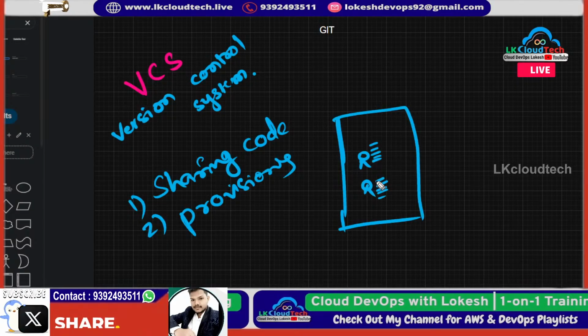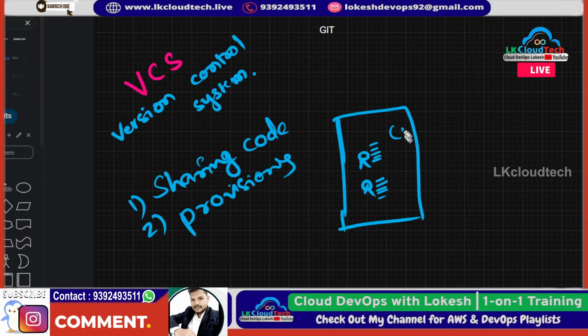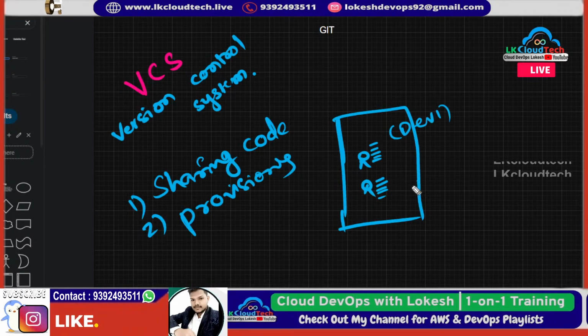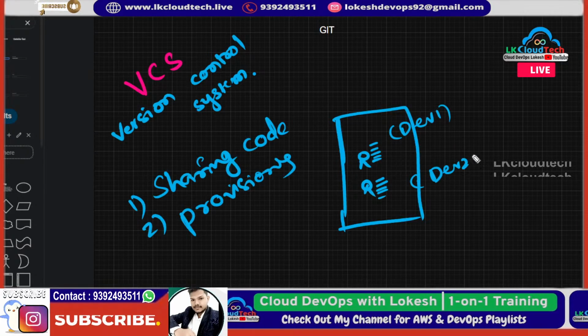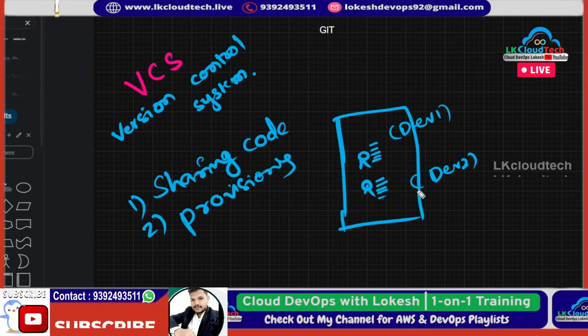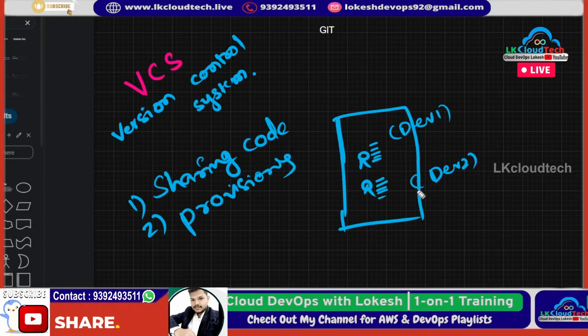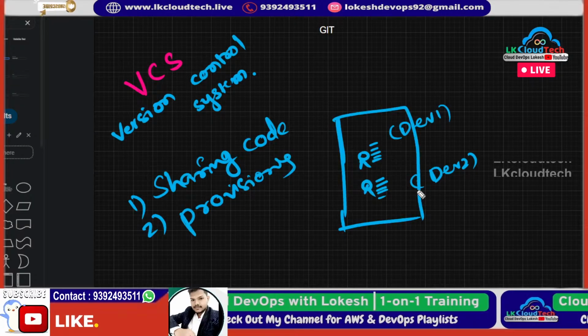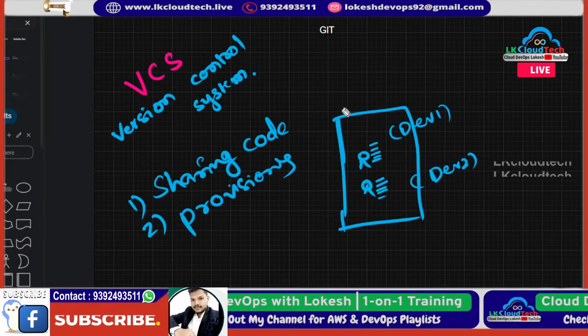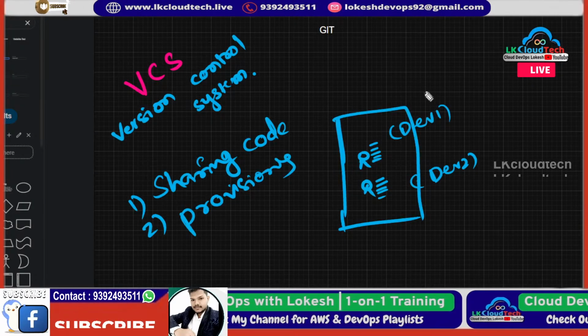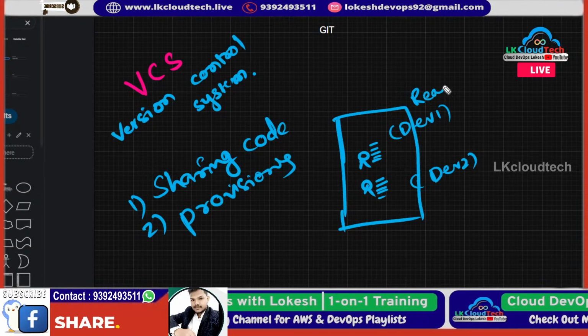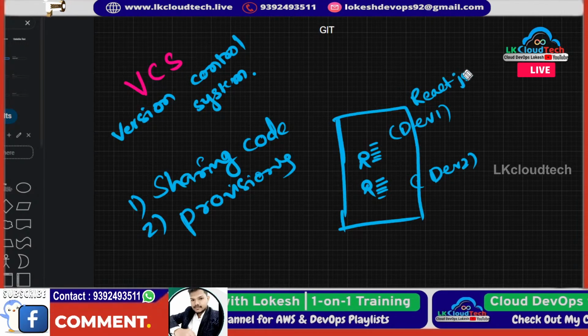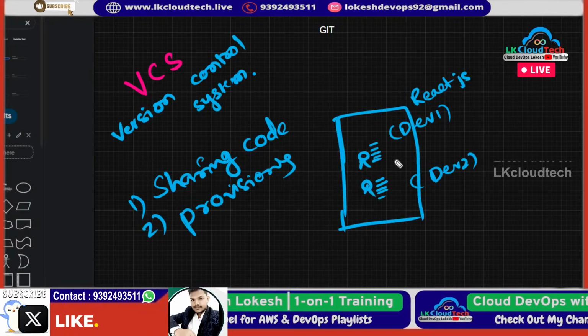Both are on the same dev team. This is dev 1, and this is dev 2. Both are working on the same kind of application. Let's consider dev 1 is working on React.js, as a small example for simple reference.